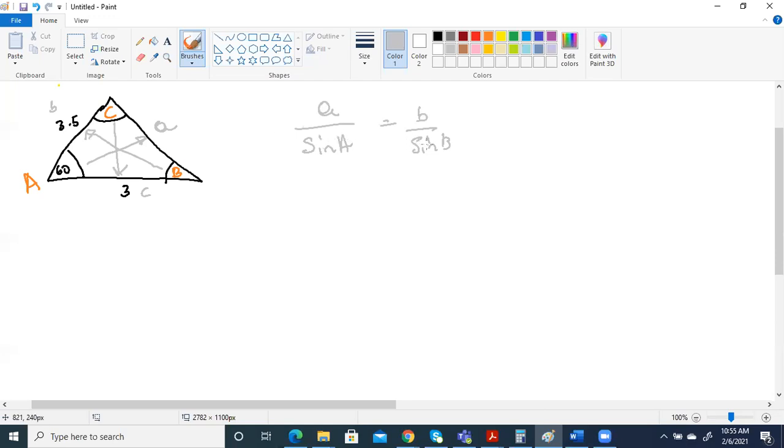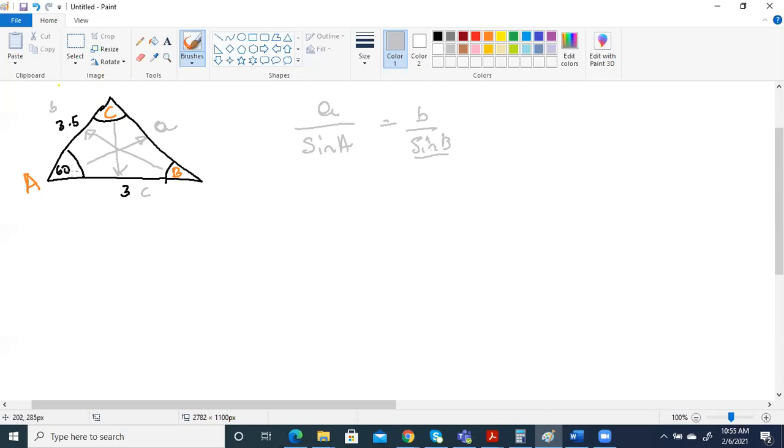We don't have 2 angles, but we have 2 sides. So we can use, let me see, B opposite that and A. But we can't use the sine rule because we have a side B but we don't know angle B, so side B would be an unknown.